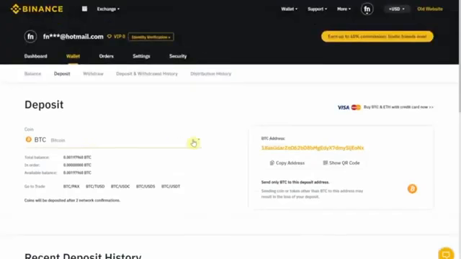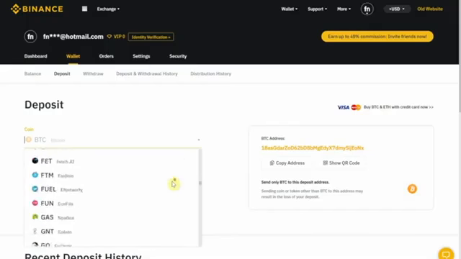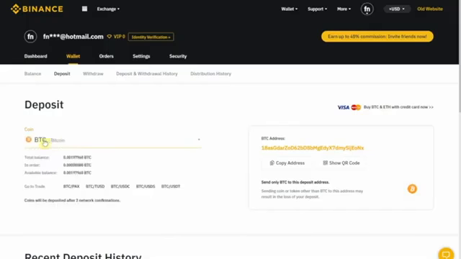So over here you have the coin selection. If I want to deposit Bitcoin, I would select BTC there, and it would tell me my BTC address on Binance. So let's say you have some coins on Coinbase. Let's say you have BTC on Coinbase.